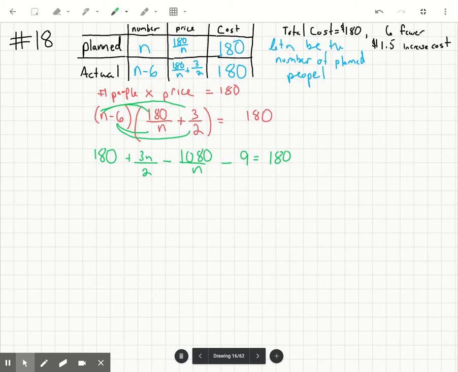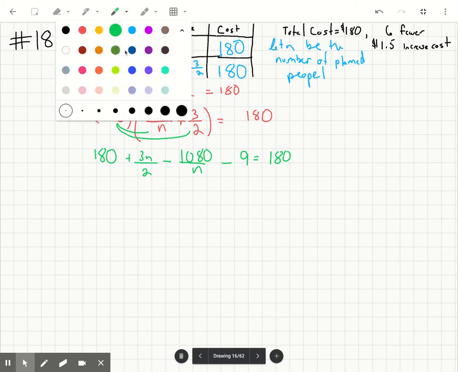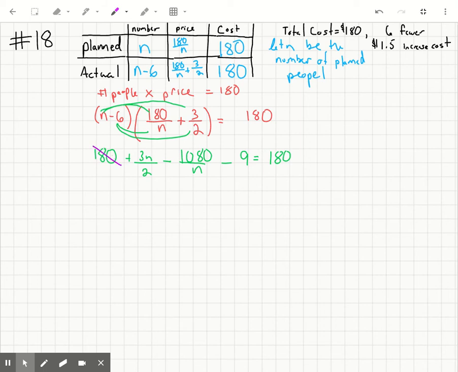All right, so right away we can see if we subtracted 180 from both sides, that is going to help us out. We already have it set equal to 0. So we've got a denominator of 2 and n.